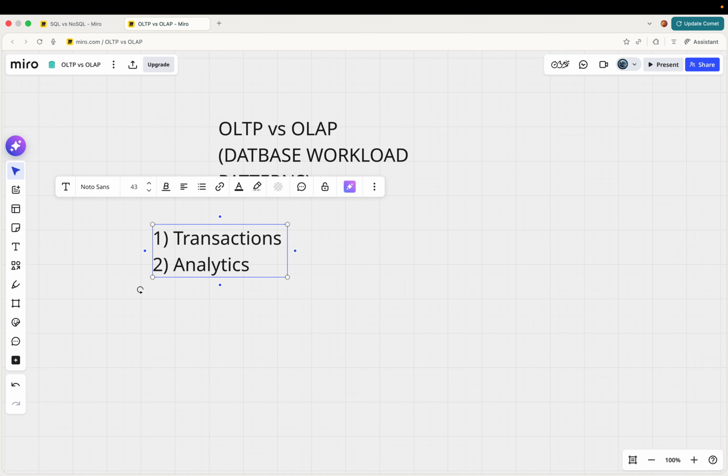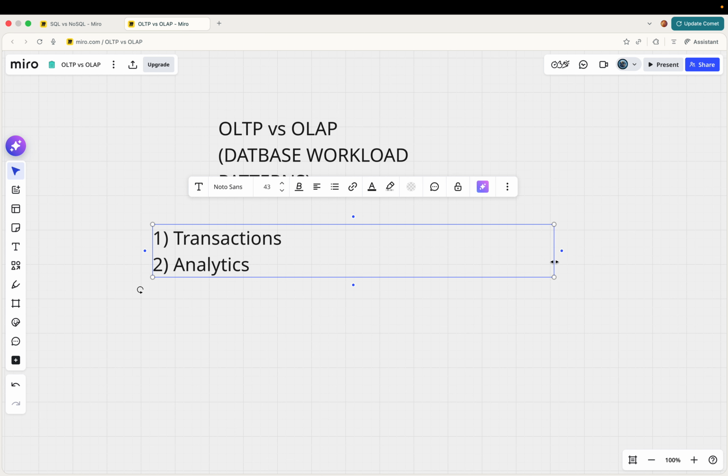For both these workload patterns, databases are optimized differently. The databases used for transactions are optimized based on online transaction processing.